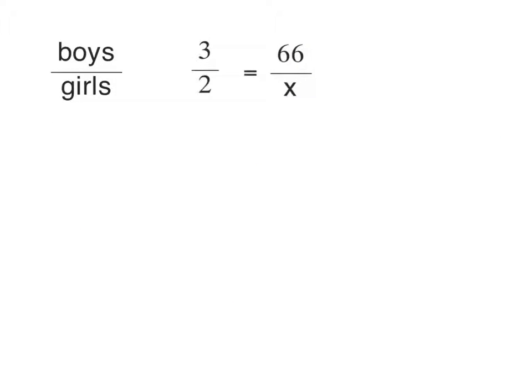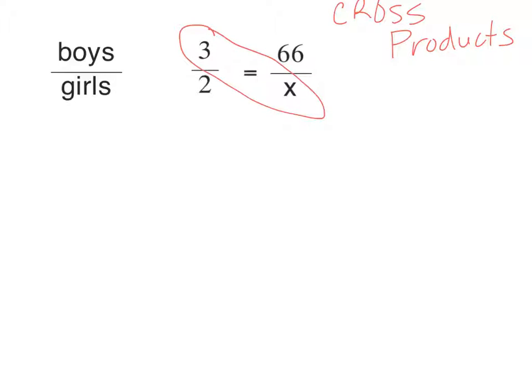The other strategy, which is called cross products, I'm going to show you how to do it that way. This is going to be helpful for when there isn't a whole number of sets. So for example, when we have two equal fractions or two equal ratios, the cross products are going to be equal. We're going to multiply diagonally.